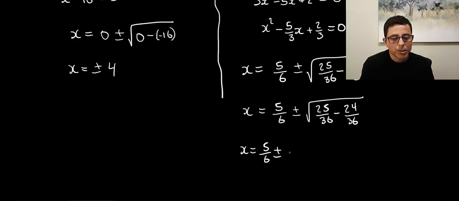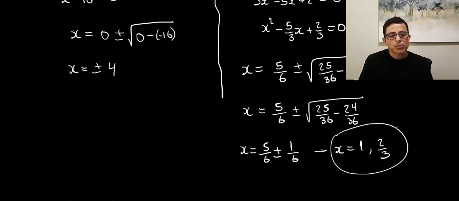This would be 1 over 36, so this will be 1 over 6. Right, the square root of 1 over 36 is 1/6. And then 5 plus 1 over 6, that's 1. And 5 minus 1 is 4 over 6. That's 2/3. So those are the two solutions.